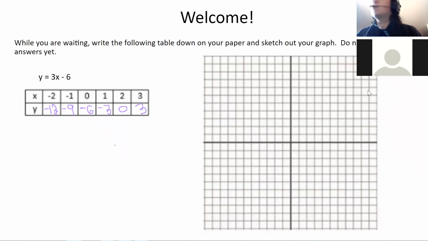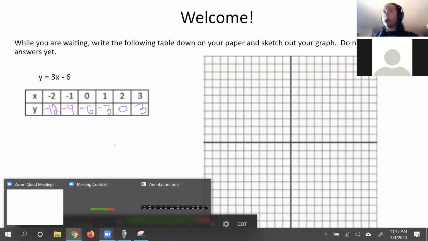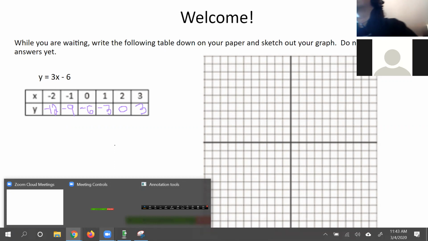There it is. What would be a point on my graph then? If Addie just filled in this chart, what's one of my coordinate points? Right, the coordinate points correspond to the chart directly.